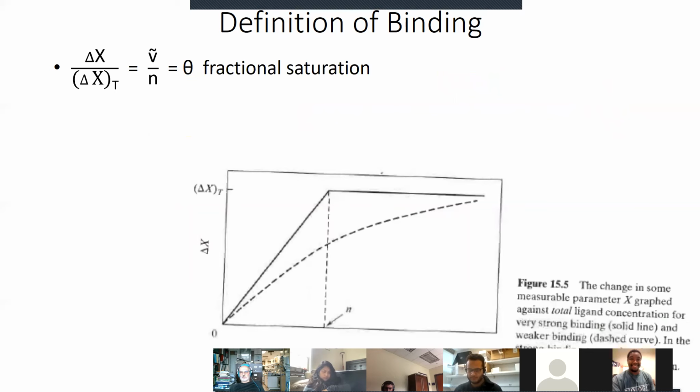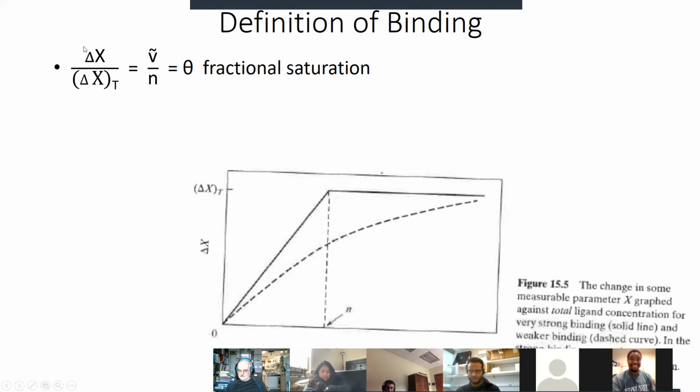The other expression that he derives is what he calls a delta X, or a fractional saturation. So a change in some kind of measurable parameter, a change in X plotted versus total ligand concentration.